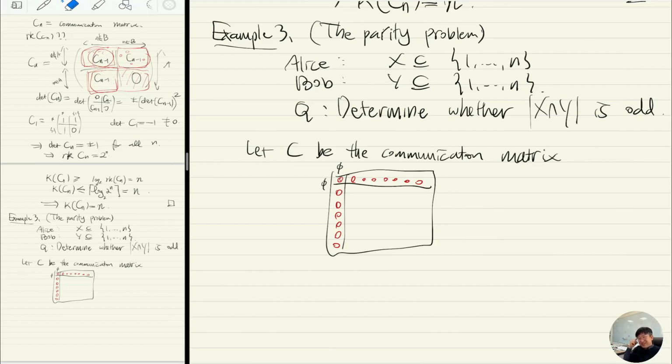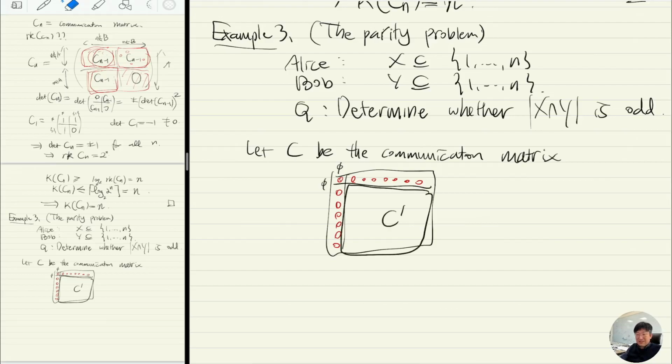So I cannot use the previous technique in this matrix right away. The previous technique used the fact that the determinant is non-zero, but now the determinant is zero right away because I have a row with all zeros and a column with all zeros. So let's remove that row.